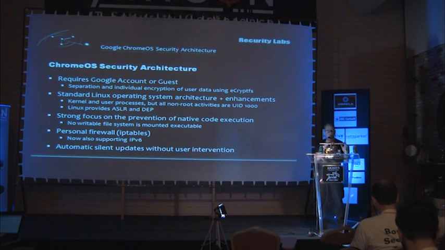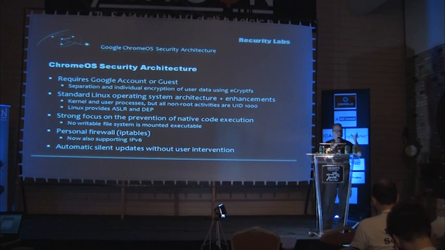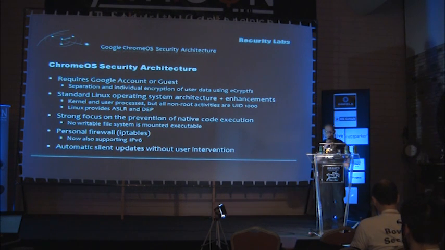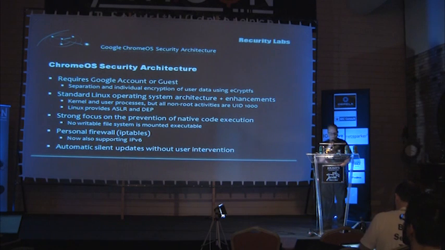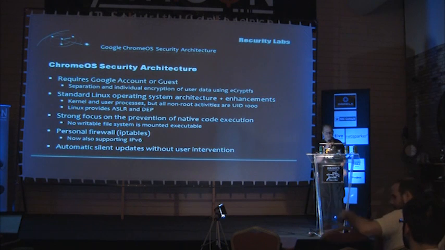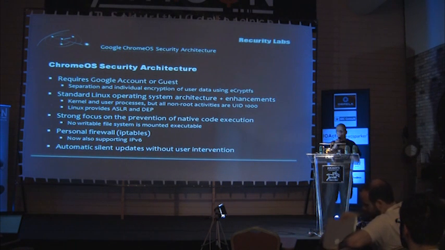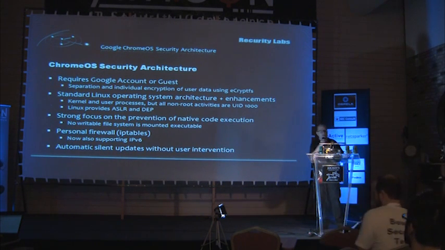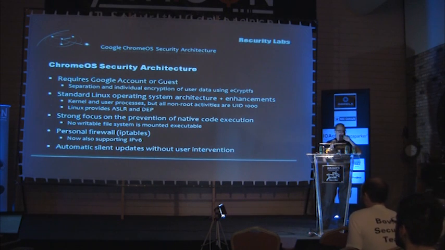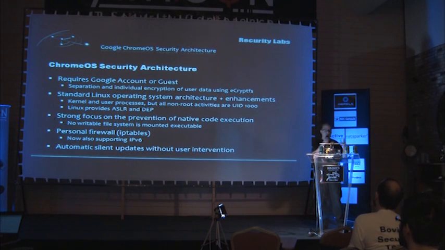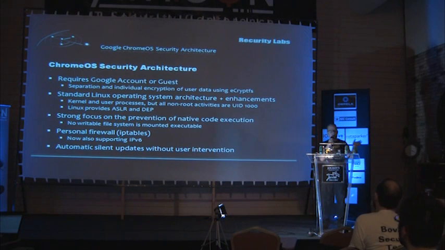It's a standard Linux operating system. They have a few enhancements. They also have one single non-root user ID that they run everything under. They have a very strong focus on preventing native code execution. There is no writable file system that is mounted executable. So they essentially have the equivalent of DEP on the file system implemented.